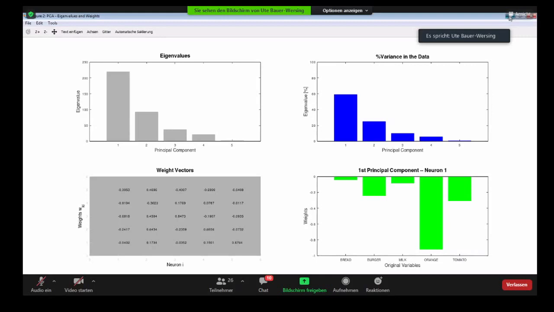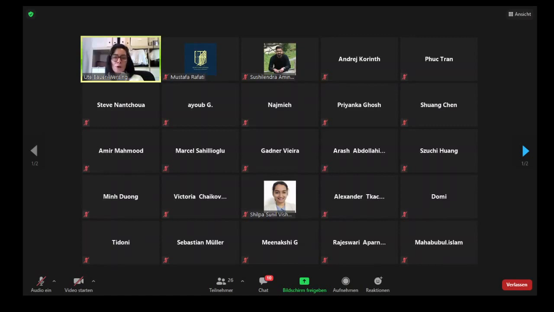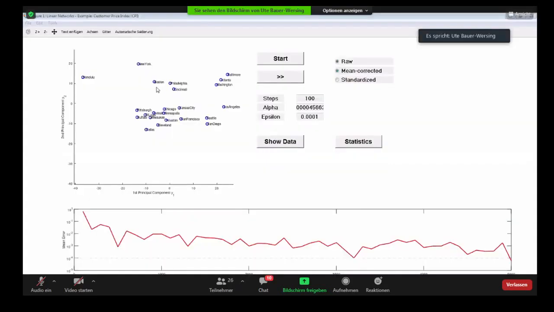Let me go back to the original figure. So I'm going to stop because we have more information there. Okay, so in the scatter plot here, you do see the first principal component, the output of the first neuron in the layer, so our consumer price index.